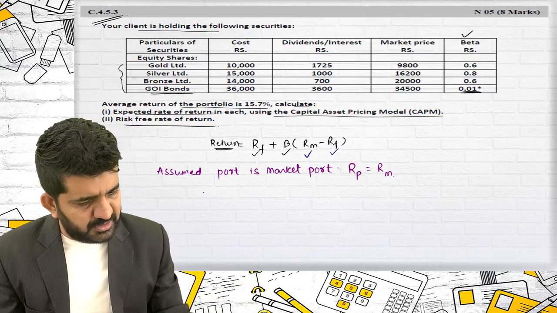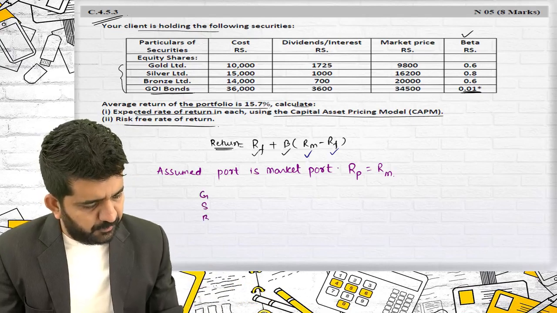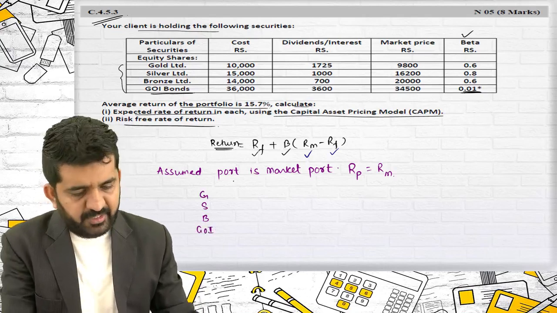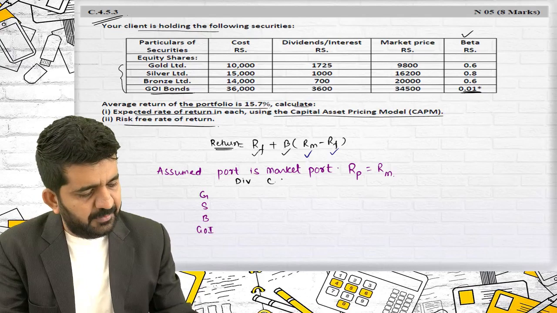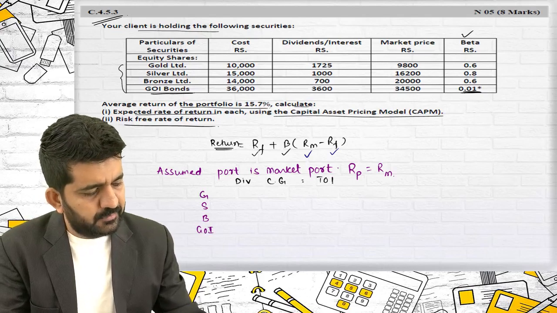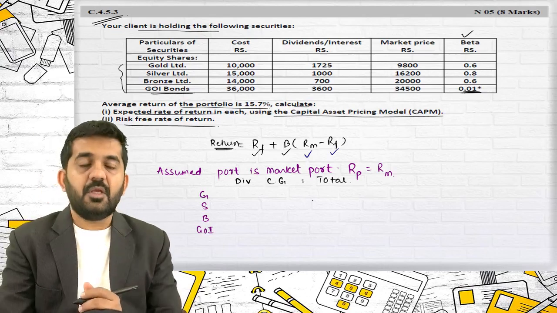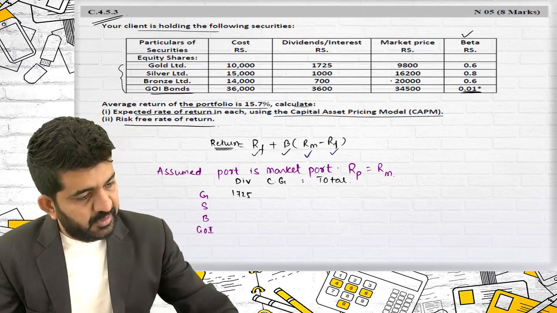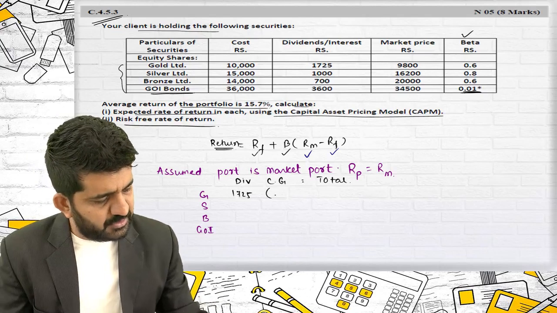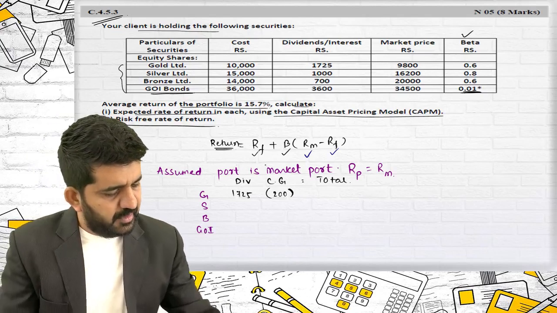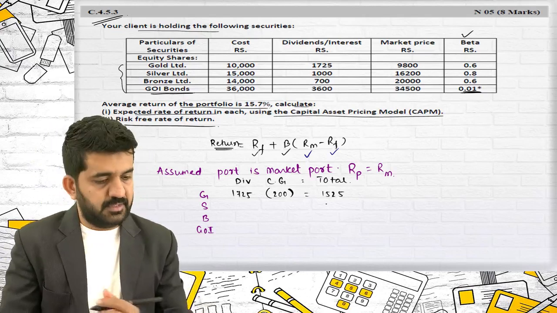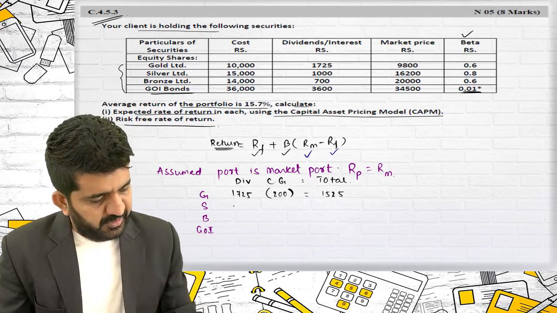So what is the dividend in this case? In the first case, that is gold, silver, bronze, GOI. I will find the dividend, capital gain and total. First let me do this. Dividend is 1725. Capital gain is minus 200. Net will be 1525. Dividend is 1000.